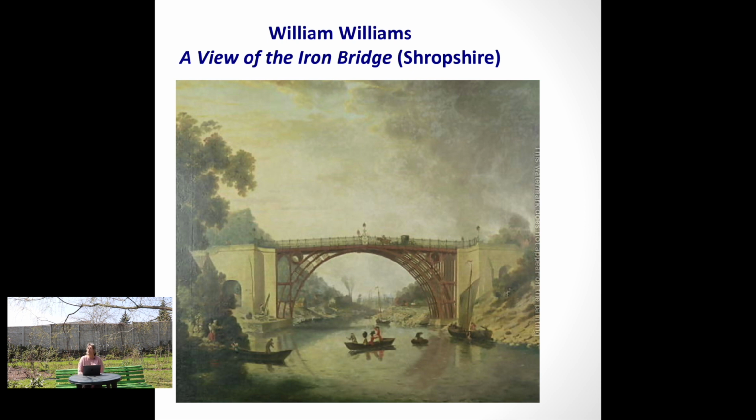This is just to show you that these new constructions were also attractive as a subject for artists. And we have two more examples, both from Shropshire, so the area in central England where the Industrial Revolution started, and actually showing two places very near each other.